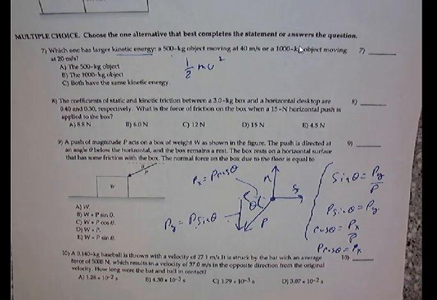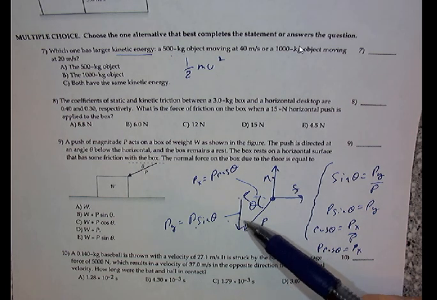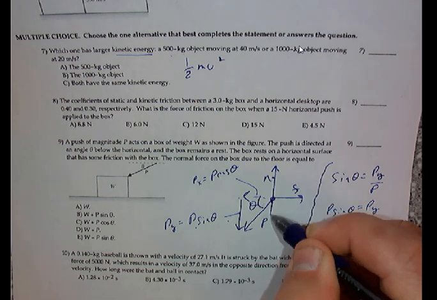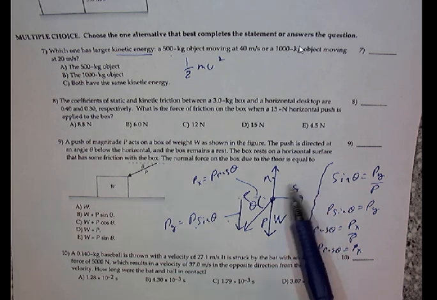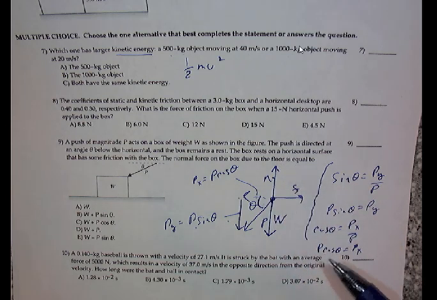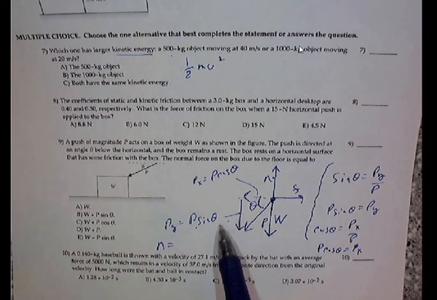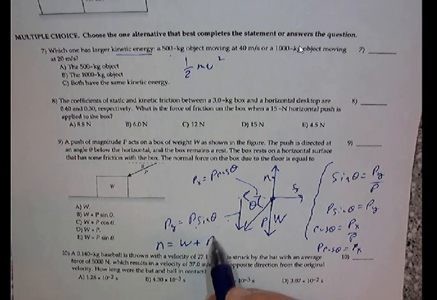Okay, and then to solve this actual problem, how big is the normal force? Well, the normal force has to be equal to P sine theta. Whoops, and I forgot the weight. Let me add the weight in here. So the normal force is up. It's got to be equal to whatever is down. So we've got normal force up equal to the weight, which is down, plus P sine theta.